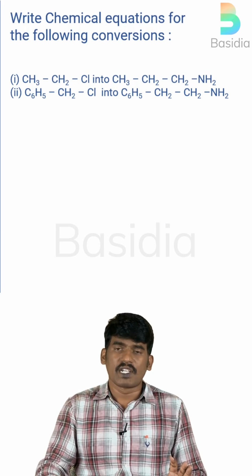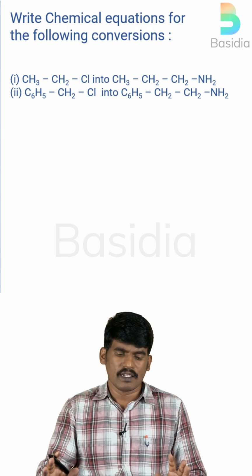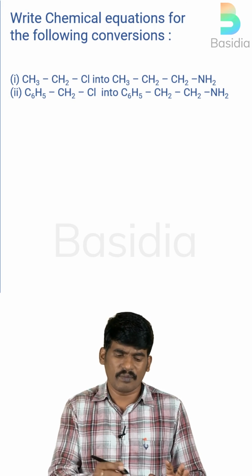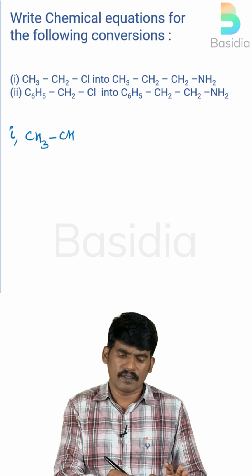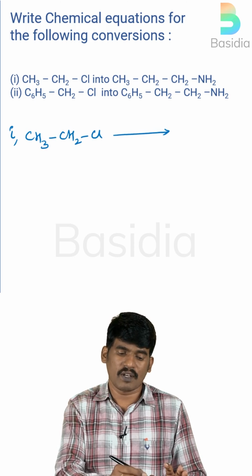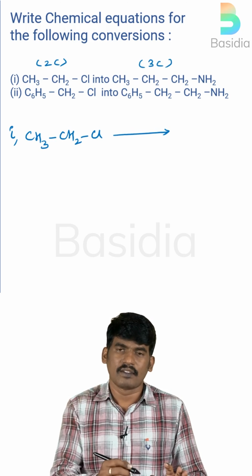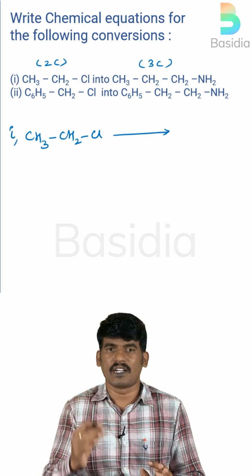Write chemical equations for the following conversions. First one they gave: CH3CH2Cl into CH3CH2CH2NH2. It is another example of organic conversion. CH3CH2Cl should be converted into an amine. But if you observe, here 2 carbons, here 3 carbons. Such types of reactions are said to be ascending series reactions.